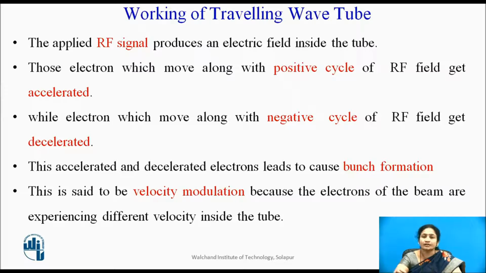The electrons will come together and form a bunch. This changing of the speed of the electrons is called velocity modulation, because the electrons of the beam experience different velocities inside the tube.